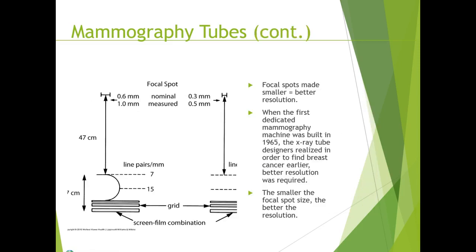The focal spots are made so that the smaller the focal spot, the better the resolution. When the first dedicated mammo machine was built in 1965, the X-ray tube designers realized that in order to find breast cancer earlier, better resolution was required, and therefore the smaller the focal spot size, the better the resolution.